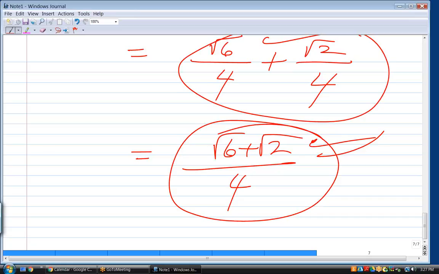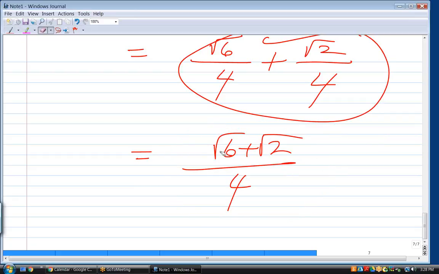I can round that off to the hundredths place or the millionth place if I want more precision. But if I want complete precision, I'm using this. Square root of 6 plus square root of 2 over 4, same thing as this up here.